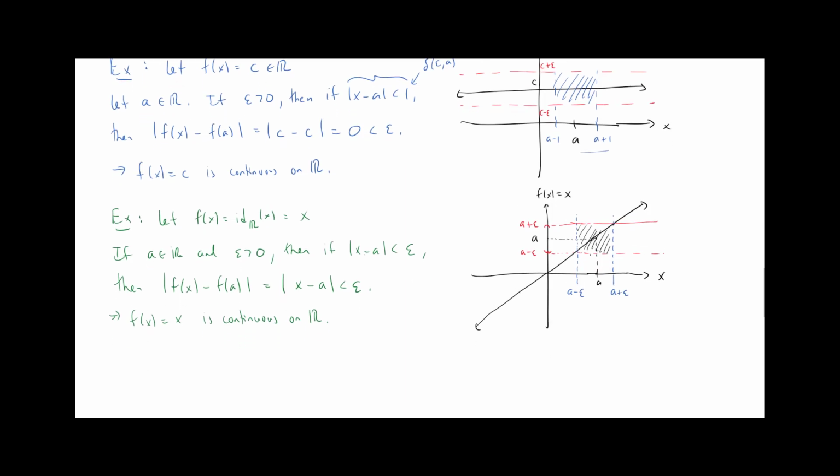All right, so it turns out actually that by just doing these two rather straightforward examples, the constant function and the identity function, using an algebraic continuity theorem that we'll get to in the next video, we can actually show that every polynomial is continuous, right? And in fact, even every rational function, which is a polynomial divided by a polynomial, is continuous, at least on its domain. So that's pretty good.